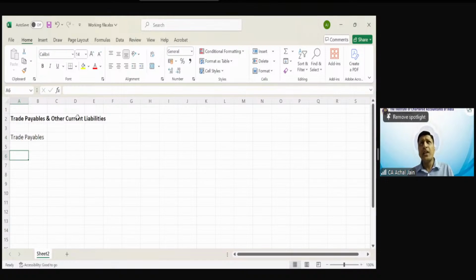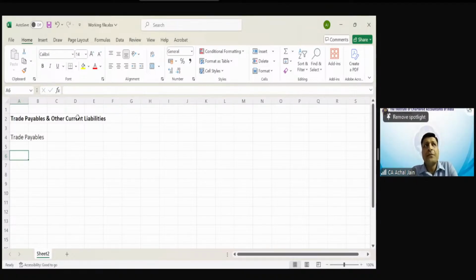Now, if we look at some of the previous items of the financial statements, in fact the balance sheet that we have discussed so far, there was one audit procedure that we discussed, which is of significant importance when it comes to the trade payables. And we also briefly touched upon that procedure.